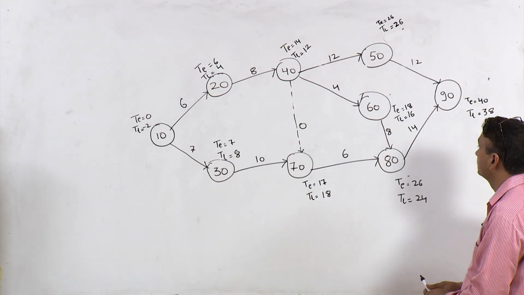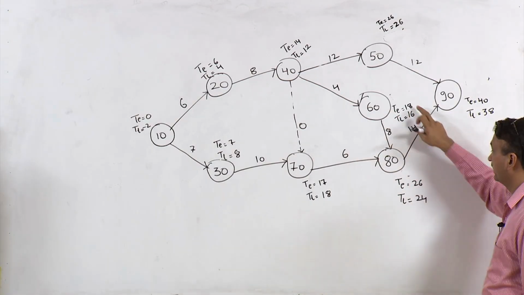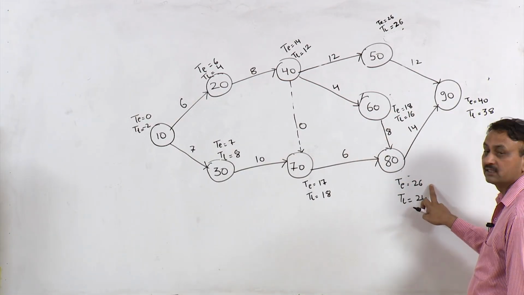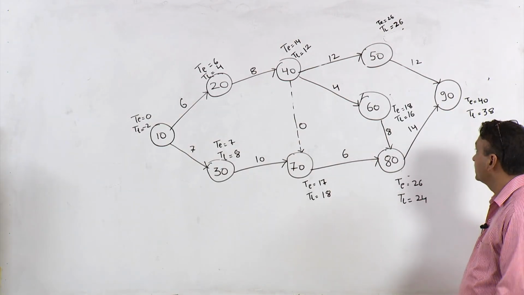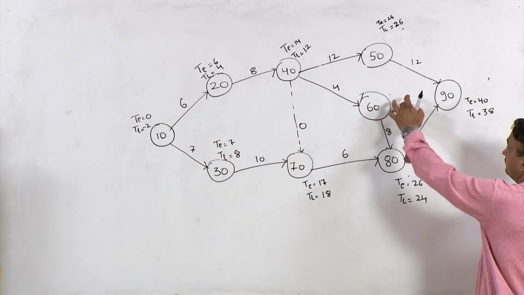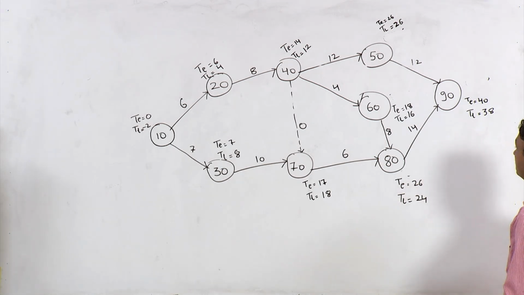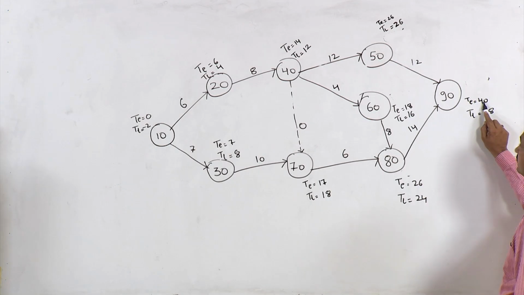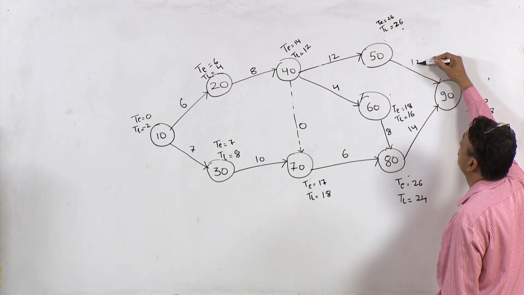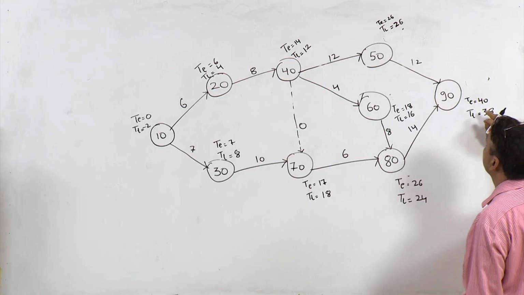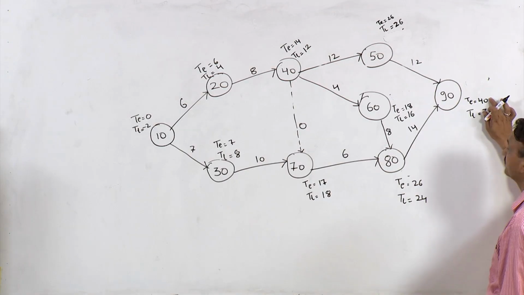From this route 14 plus 4, this is 18, and at this point TE is 26. Why 26? It is 17 plus 6 is 23, but 18 plus 8 is 26. So, you have to take the higher value, right. So, this is 26. At this point TE is 40, it is 26 plus 12 is 38, and from here 26 plus 14 is 40, right.